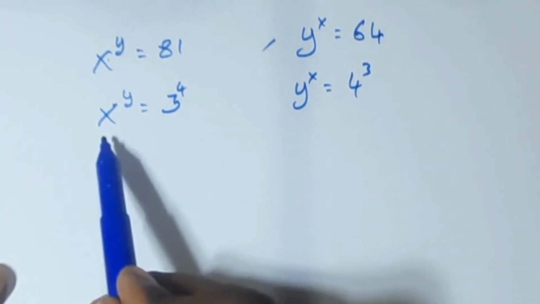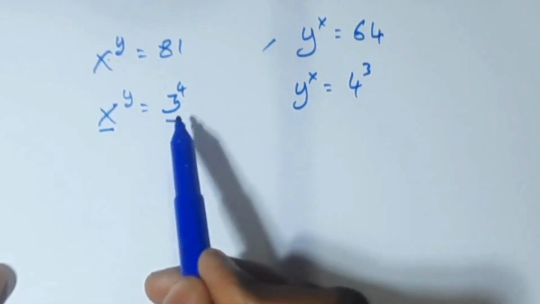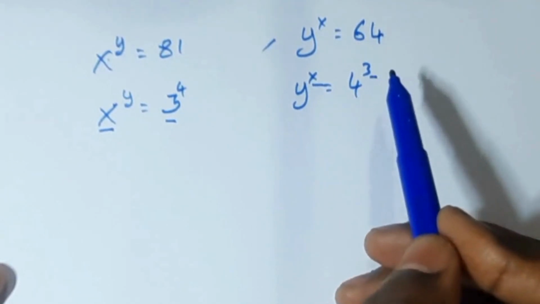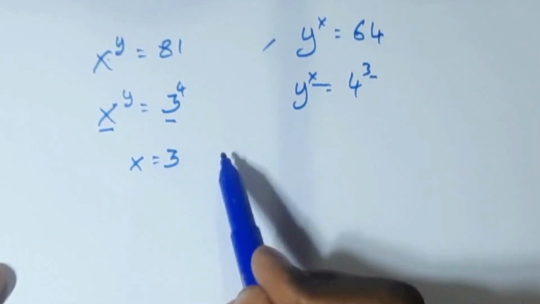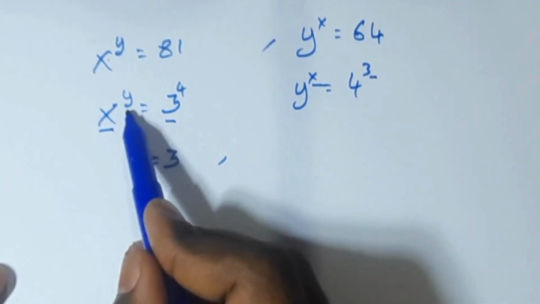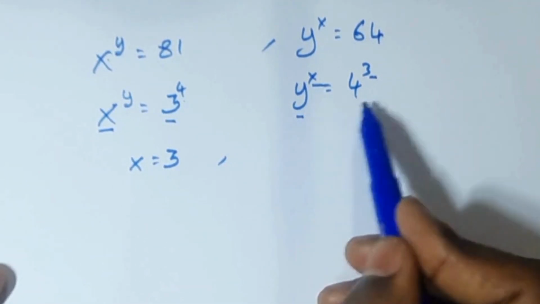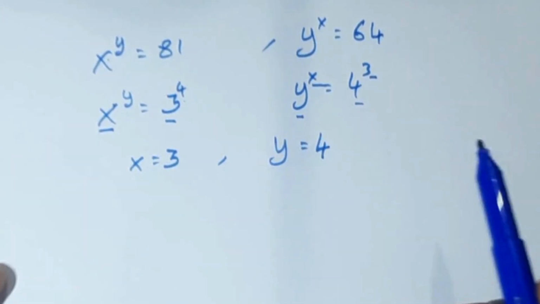So if you see this, the base x equal to 3, so the value of x equal to 3. Same way for y, the base y equal to 4. So y equal to 4 we are going to write it here.